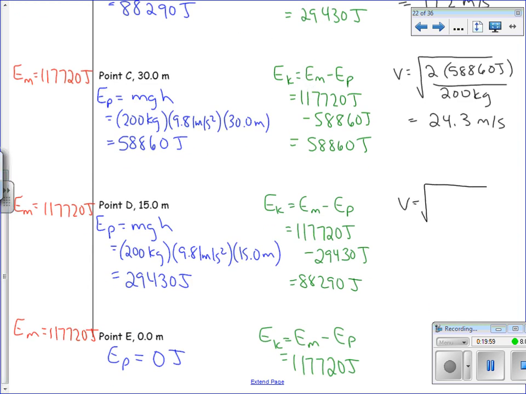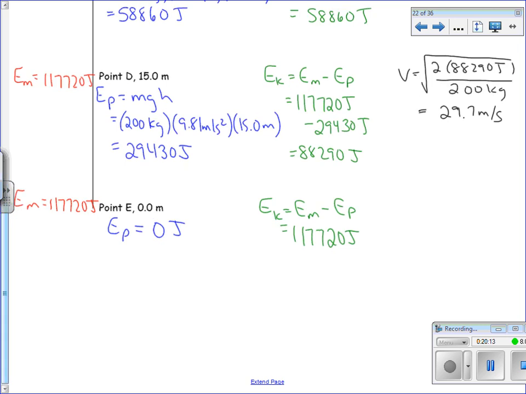The square root of 2 times 88,290 joules divided by 200 kilograms gives us 29.7 meters per second. And then for our last one, which should be the largest speed, because it's all kinetic energy here, right? All of our mechanical energy is in the form of kinetic energy.